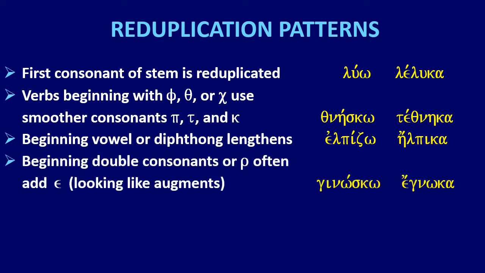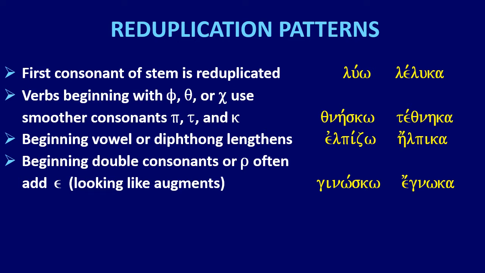And sometimes you have, as far as reduplication goes, the beginning double consonant for a verb such as gnosko. Now you'll notice the iota in between the gamma and the nu, but when it comes to the root form for that word, or the stem I should say, it's just gamma nu, as in the perfect tense form, egnoka.